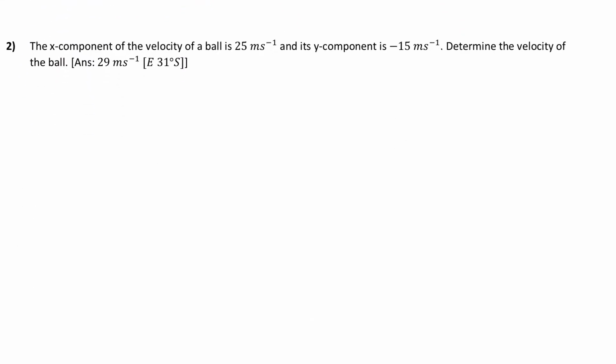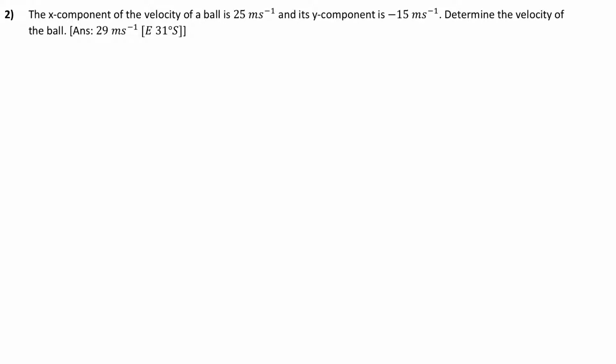Let's look at the second question here. The x component of the velocity of a ball is 25 meters per second, and its y component is negative 15 meters per second. Determine the velocity of the ball. We can certainly do that. We have the ball here.